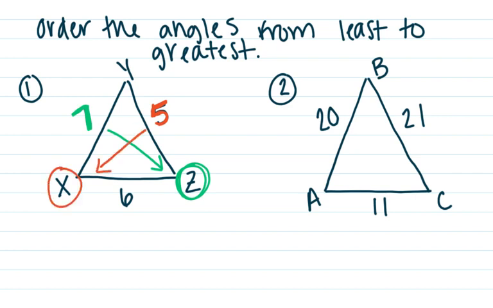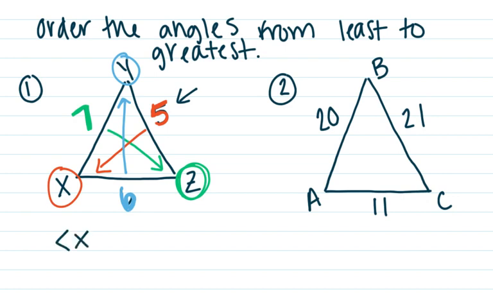And then again, this angle Y right here belongs to the side with the 6. Because we know that these angles and sides have that type of relationship, I can actually order the angles because I look and see the shortest side. The shortest side is 5.